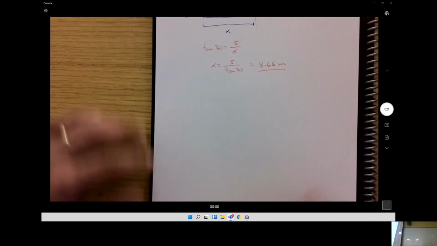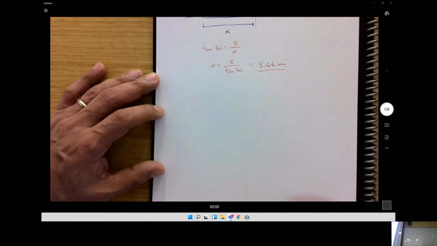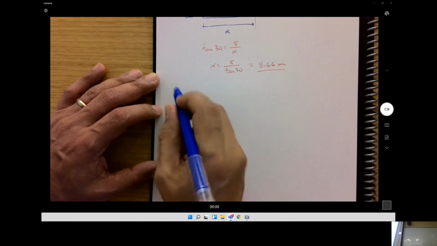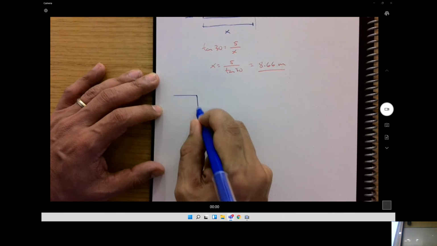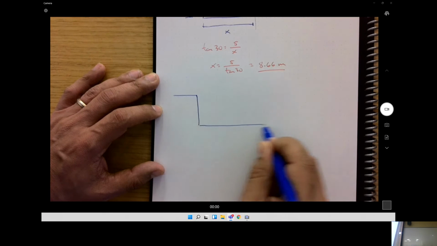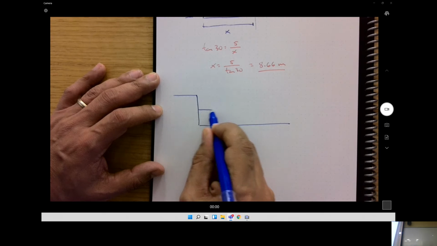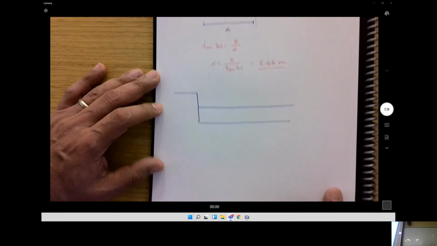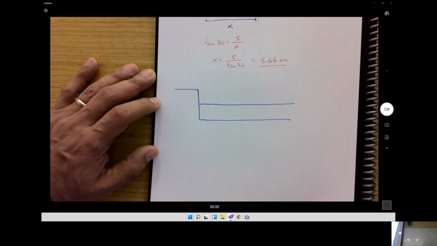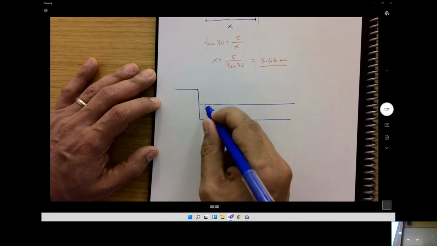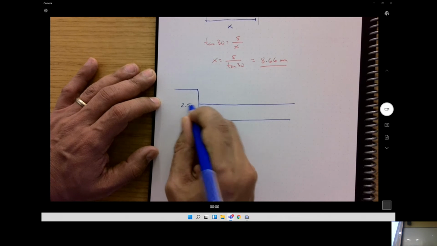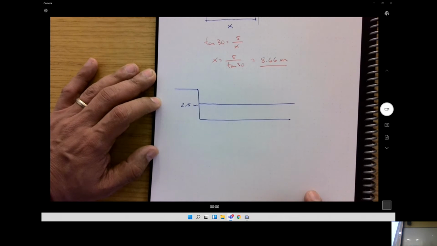So now we're going to have a different problem. Same pool, but now half of it is going to be covered with water. So 2.5 meters is going to be covered with water.